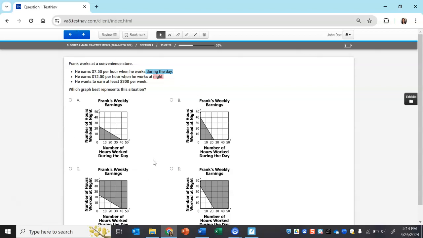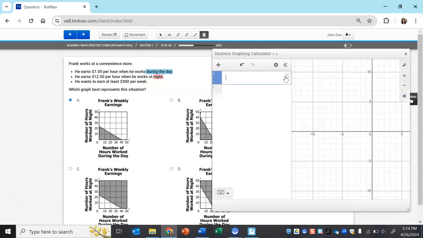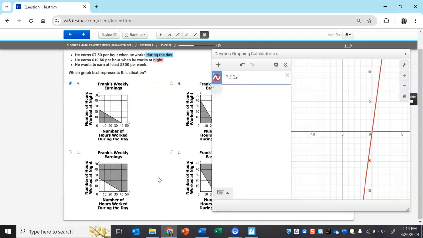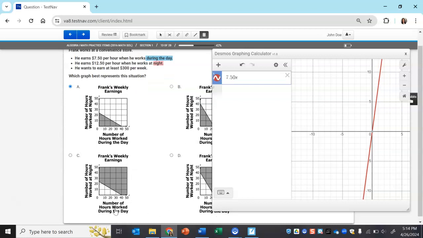So we need to go ahead and graph it. Notice that hours day is on the X right here. So let's go ahead and graph it in Desmos and check. Okay, so for the day hours, he gets $7.50 for daytime, and I'm just going to put X to represent the day because that's the axis that I have the days on.